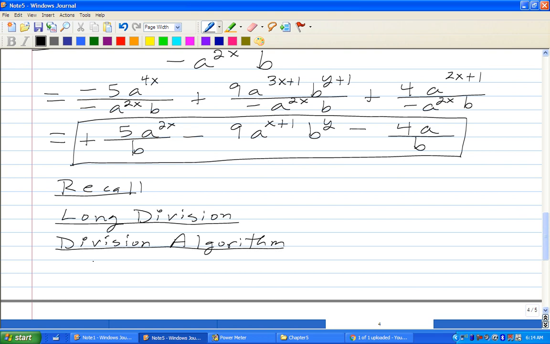So suppose I had something like, oh, I don't know, 894 divided by 71. So let me try to divide this using long division. This numerator here is called the dividend. This denominator is called the divisor. And let's divide.